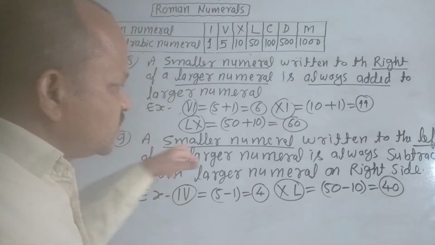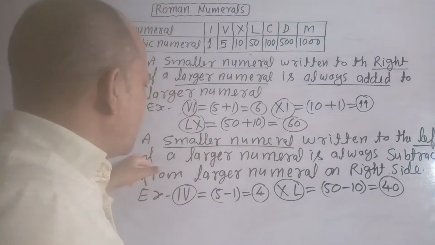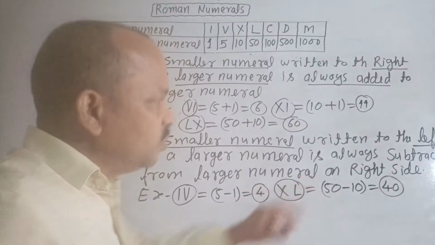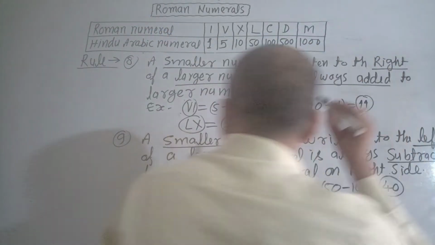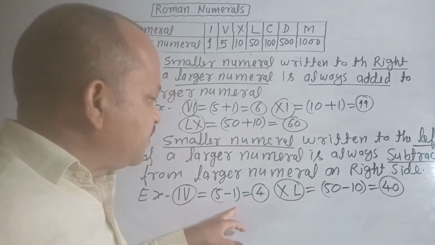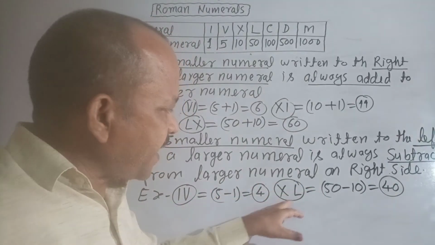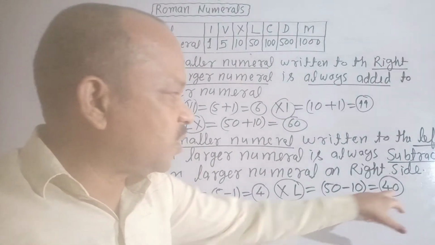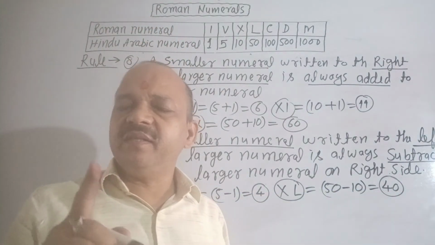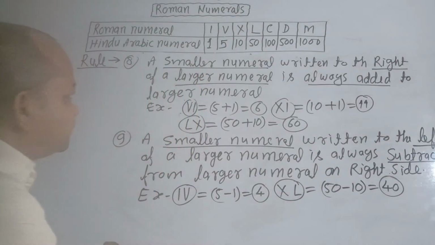Clear? Smaller numeral written to the left of larger numeral is always subtracted. IV, 5 minus 1 equal to 4. XL, 50 minus 10 equal to 40. Is it clear? No confusion about it? Very good. Next rule.